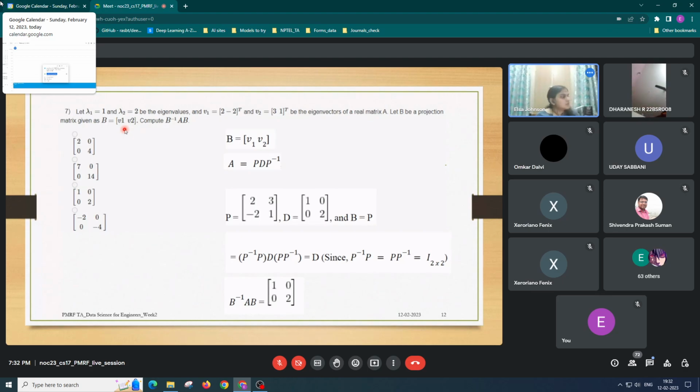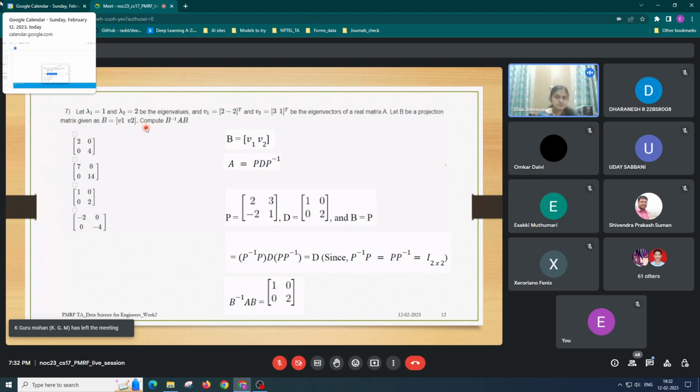What do you mean by a projection matrix? Anyone? It's simply the projection of a vector onto a subspace.